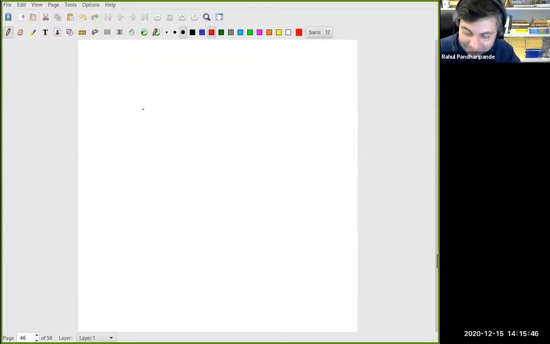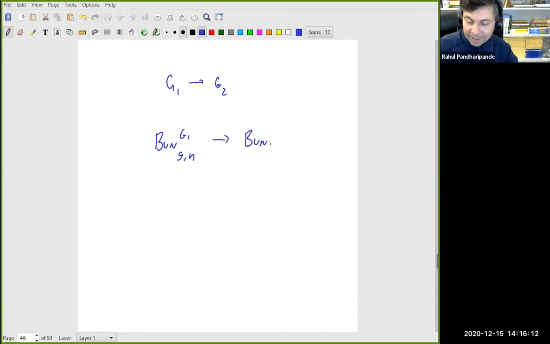If I have some G1 mapping to G2, then Bun_G1, which is like families of G1 bundles, maps to Bun_G2, because if you have a G1 bundle, you get a G2 bundle.